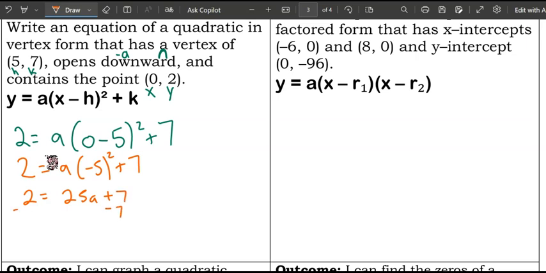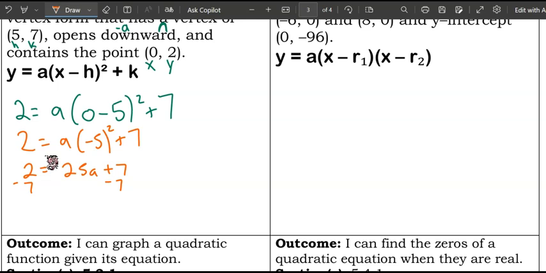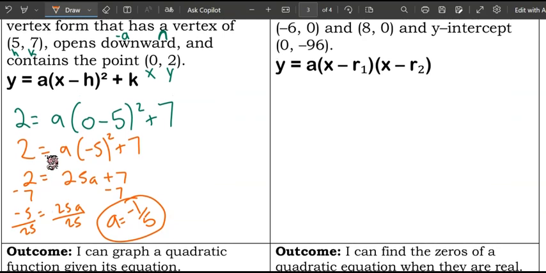Let's subtract the 7 from each side, and divide by 25 on each side. This can reduce to negative 1/5. a equals negative 1/5. This is what we're most interested in finding.